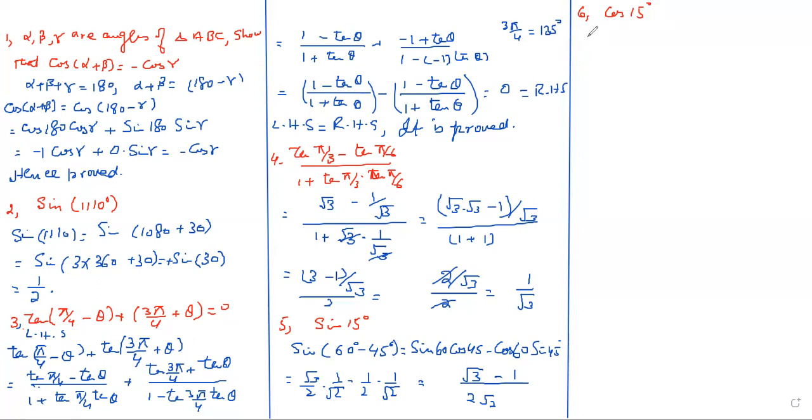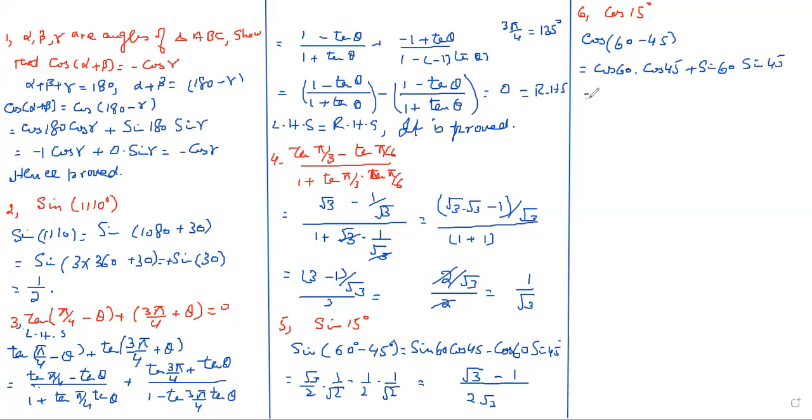We just write cosine 15 degrees equal to cosine 60 minus 45. Using the cosine formula: cosine cosine, then sine sine. Cosine 60 cosine 45, this minus and this plus, sine 60 and sine 45.